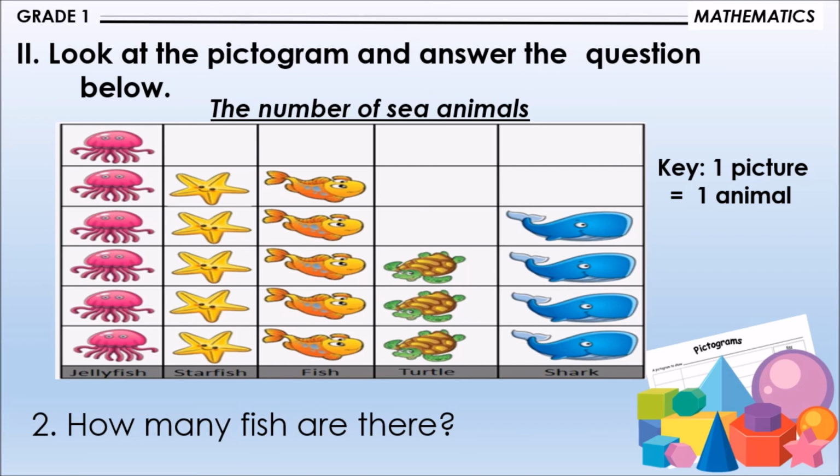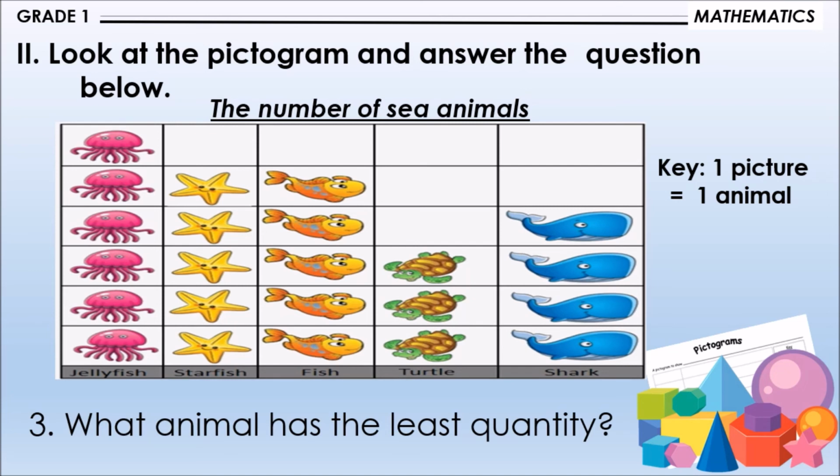Number 2. How many fish are there? Number 3. What animal has the least quantity?